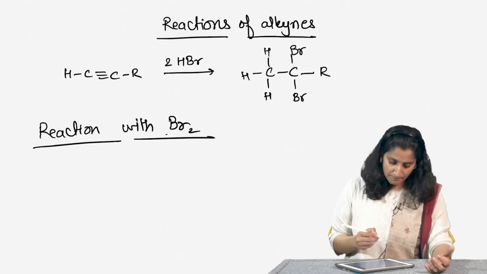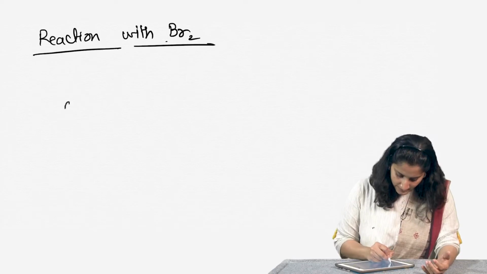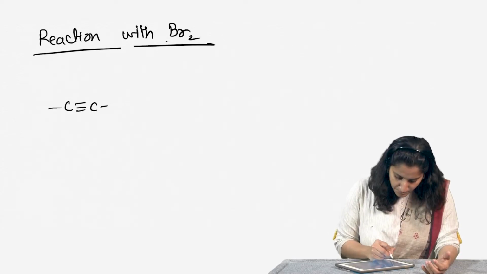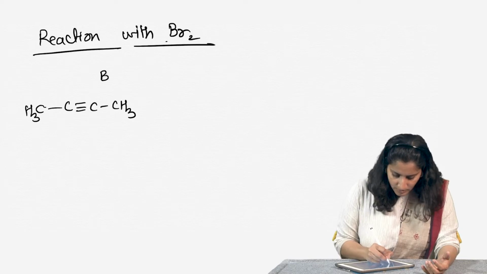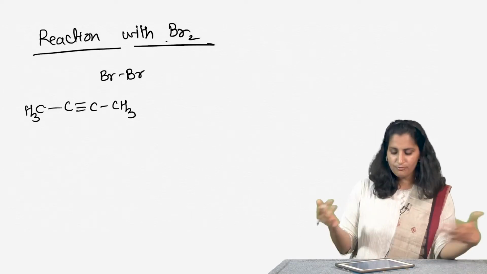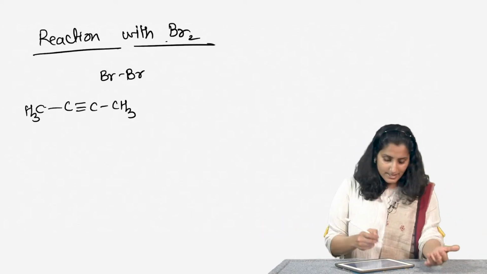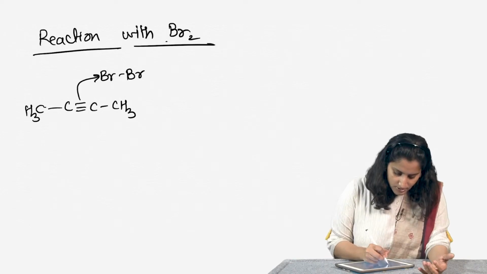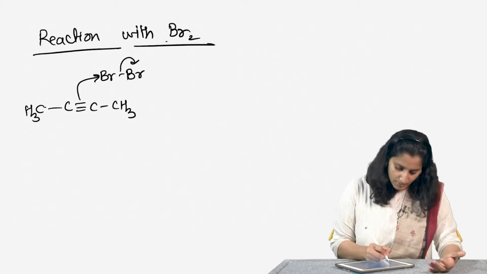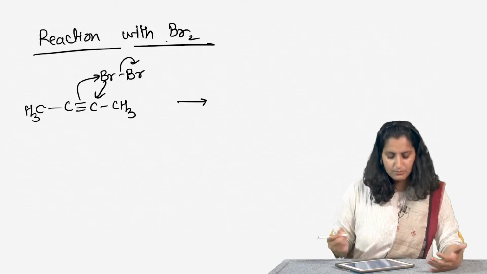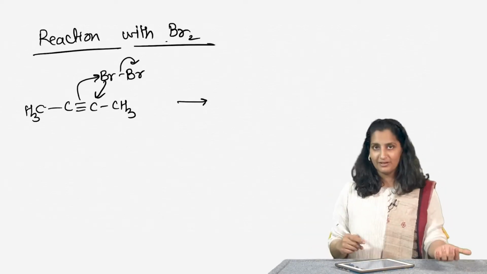So, in the first step, the triple bond is going to act as the nucleophile, and it is going to react with the electrophile, which is Br2, such that the triple bond will attack on this bromine, break the bromine-bromine bond, and then the bromine comes back to form that bromonium ion that we had seen previously.